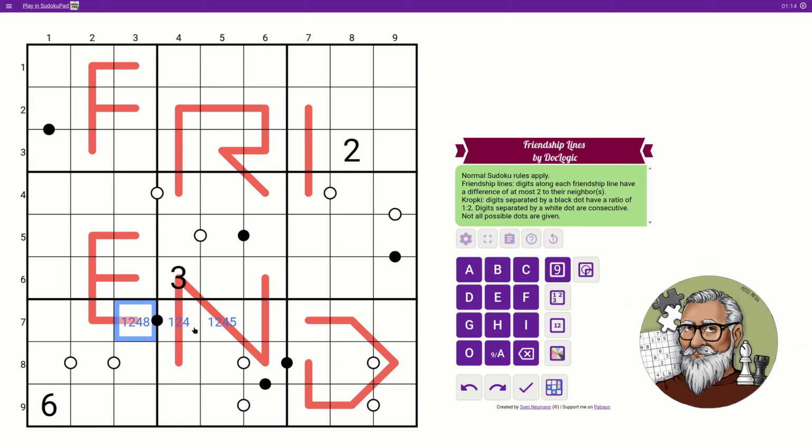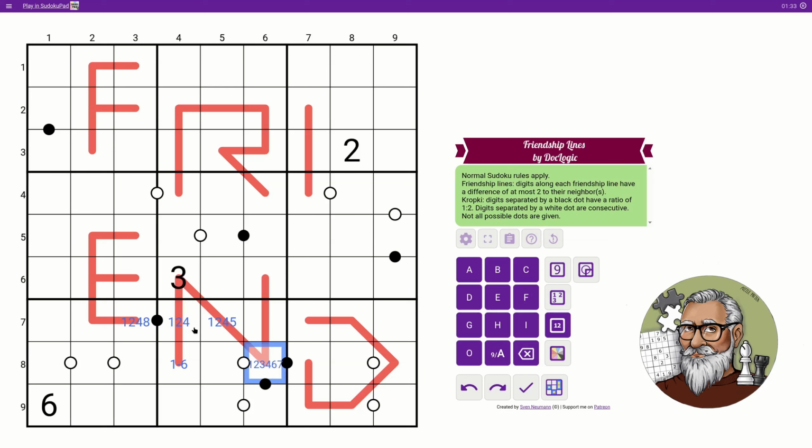Okay. Do I know what that is then? Oof. That could go all the way to 6 now, couldn't it? This one could go all the way to 7.